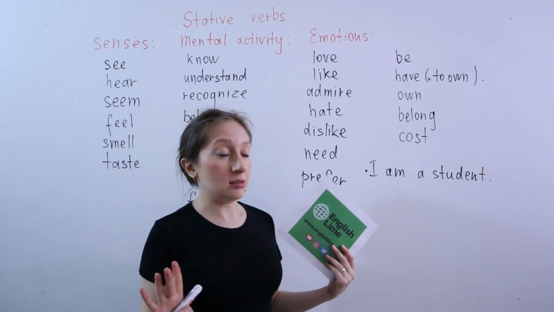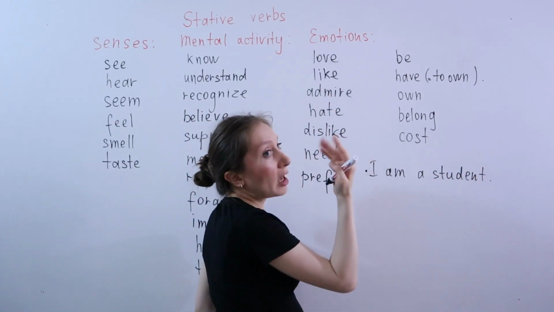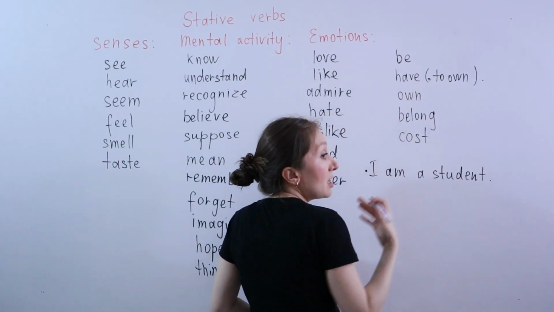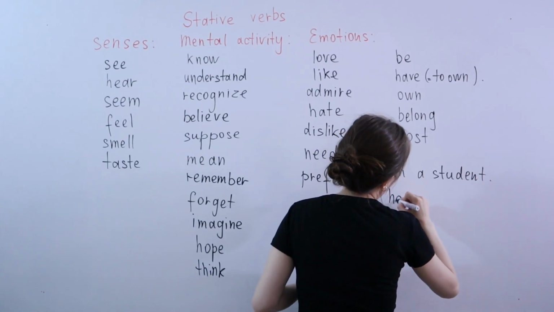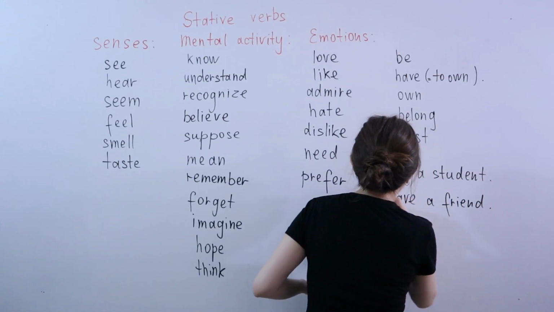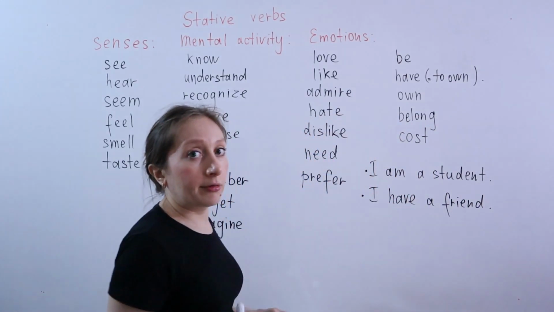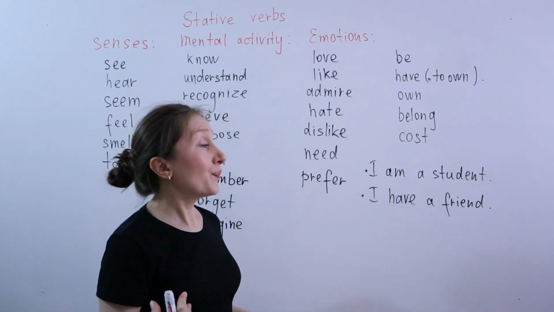I am, you are, he is. Right? Next one. I have a friend. Very easy. Do you have a friend? I have a friend. We don't say I'm having something. So I own it. I have it. Right?